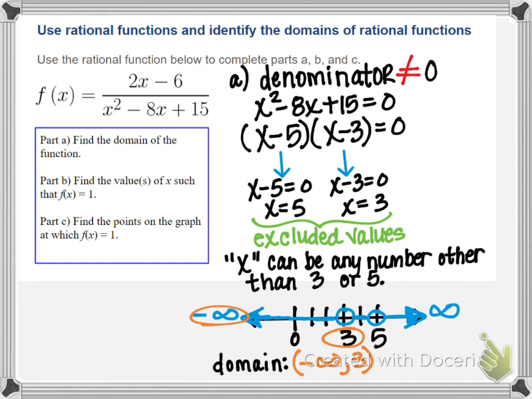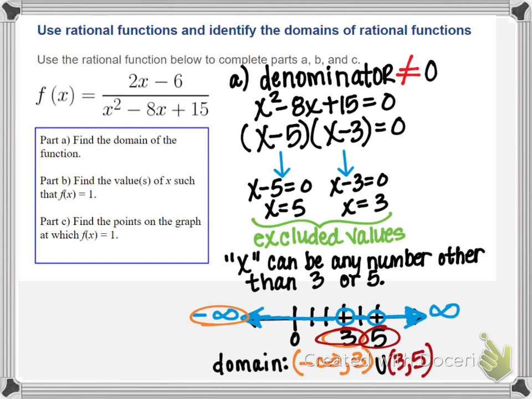Then I have to skip over the number 3, so I use the union symbol, but I can include the numbers between 3 and 5. From 3 to 5, I want to include all those numbers, which includes 4, but also 3.1, 3.2, 3.3, 4.5, 4.6, 4.7, 4.8, all the way up to 5, but not including 5.